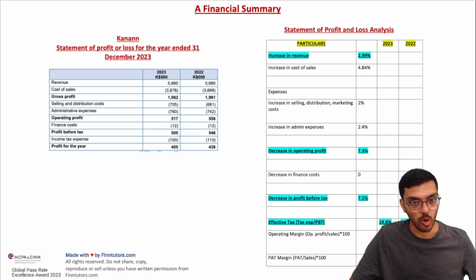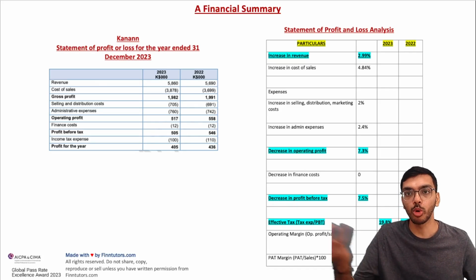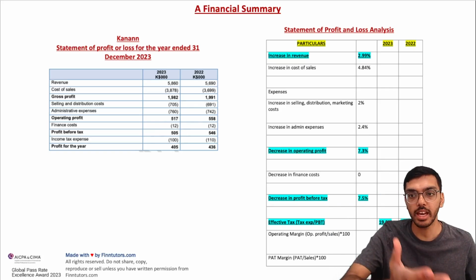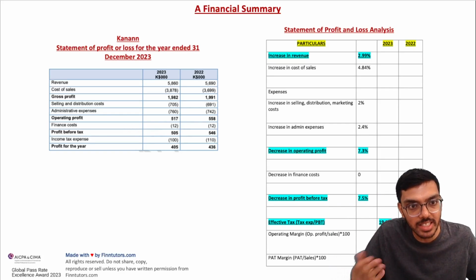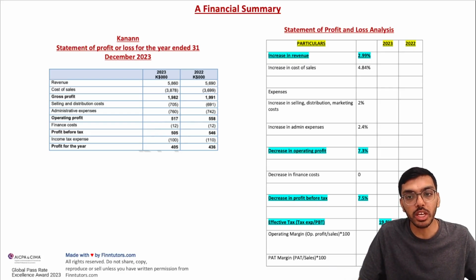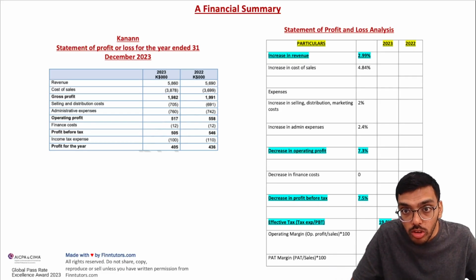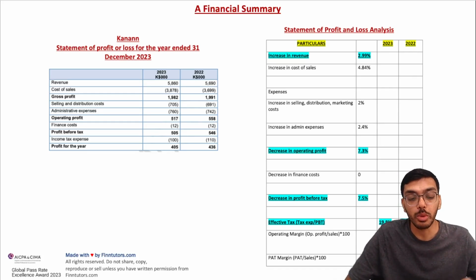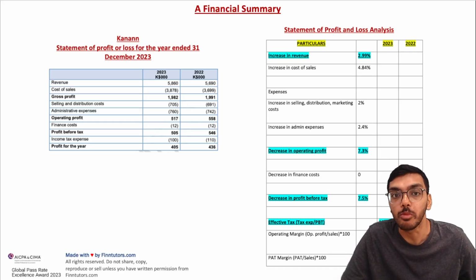Income tax has also gone down because the more you earn, the more tax you pay. In this year, our costs were higher than what we earned, so we paid less tax. And the profit for the year also shows a decrease because revenue has gone up, but costs have also increased. So we have not been able to control them well.